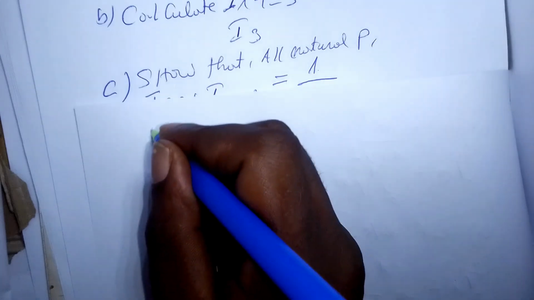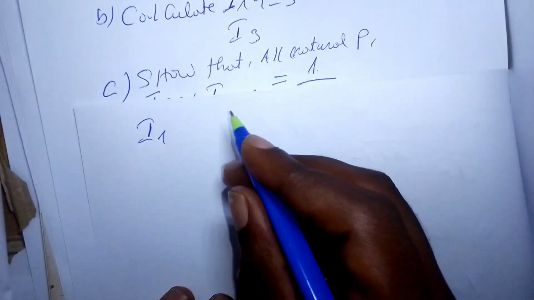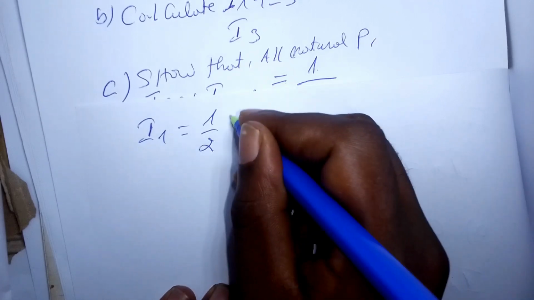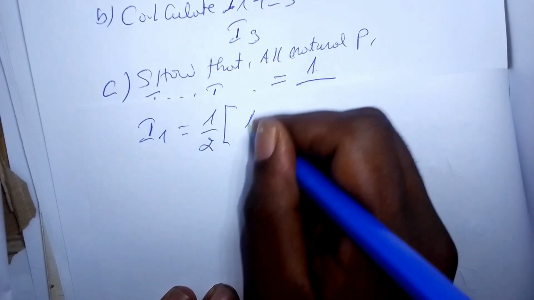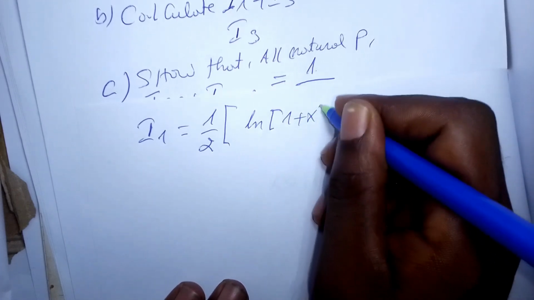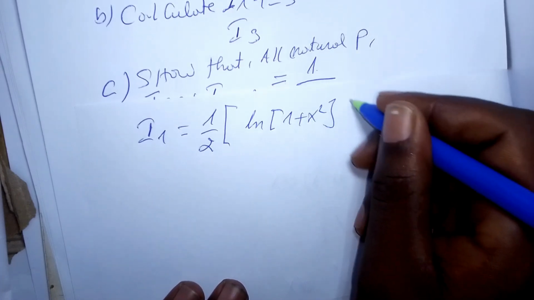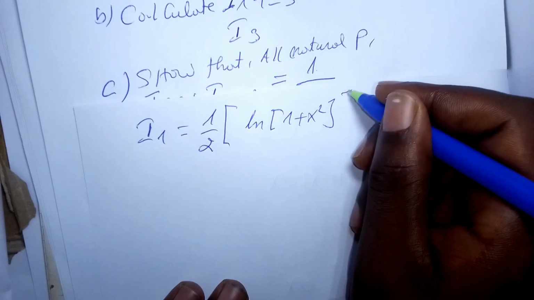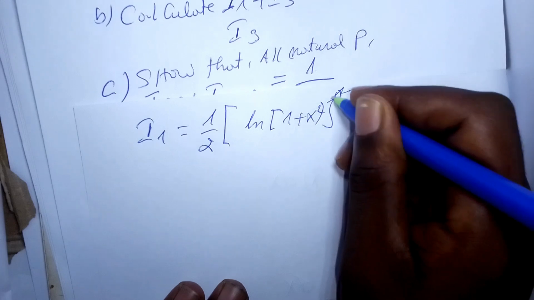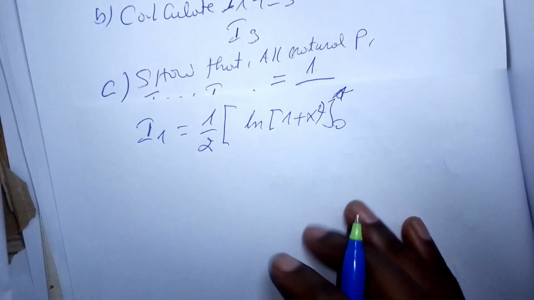So we have I1 equal to 1 over 2 ln of 1 plus x squared, with bounds 1 and 0.